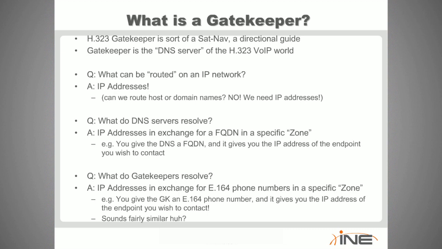Okay, so I hand my phone number to the only gatekeeper I'm registered with, and what does it do? It gives me a response of an IP address, and I contact that far side. We're going to take a look at that exchange. That's the admission of RAS.